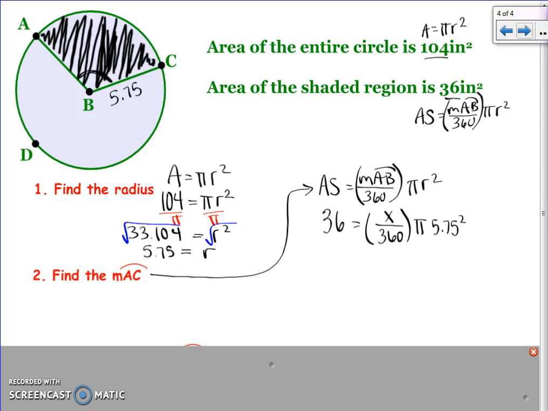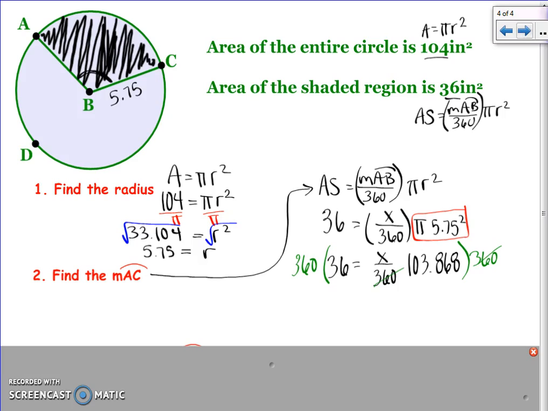Okay, so help me out with some of these numbers here. I want to know what this is. 0.868? Yeah. Okay, how can we get X by itself a little more? Yeah, we could multiply by 360. That'll cancel this one out. Multiply this one by 360.